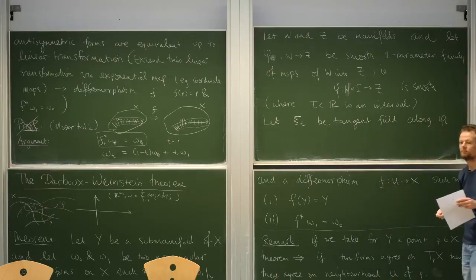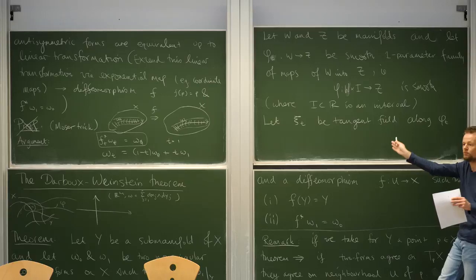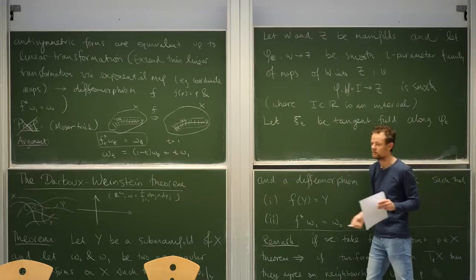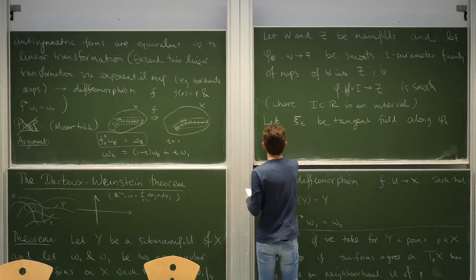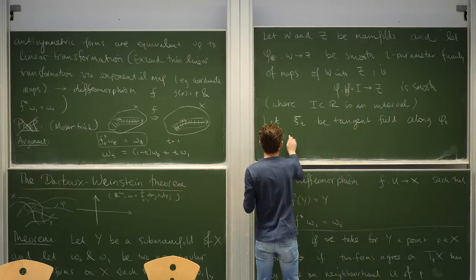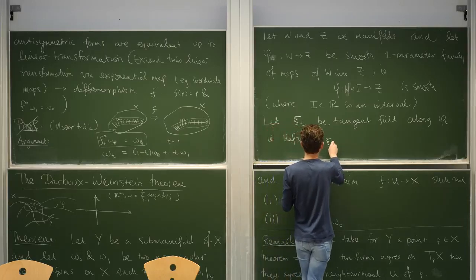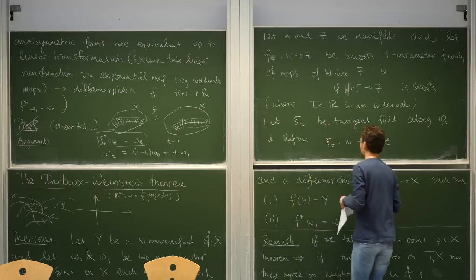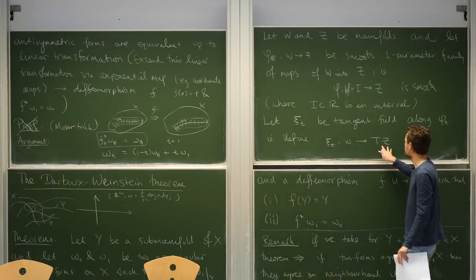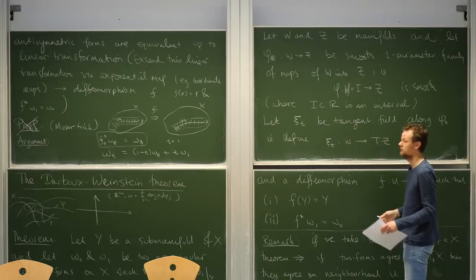So you start with some point p in your manifold, you flow it under phi t, then take the derivative with respect to t, that'll give you a vector at that point, and that vector is called psi of t.